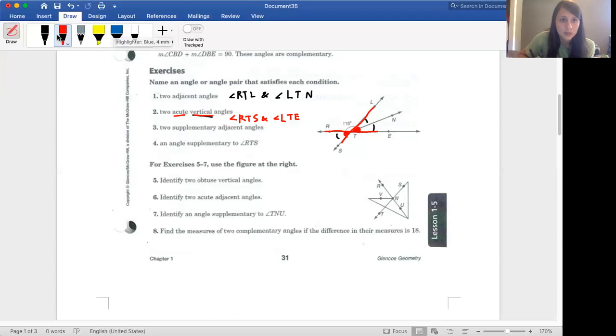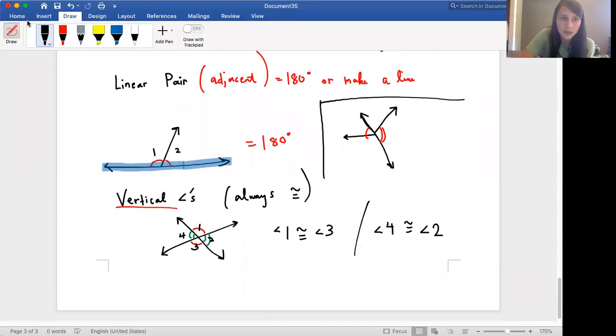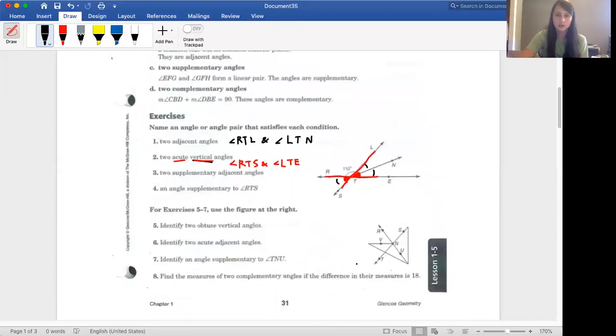All right, number 3, two supplementary adjacent angles. Oh, I didn't talk to you about complementary and supplementary. So let's go back down here, and I might have to actually add it up top here because I'm running out of room. So supplementary angles basically just means two angles that add up to be 180 degrees. So that includes linear pairs.